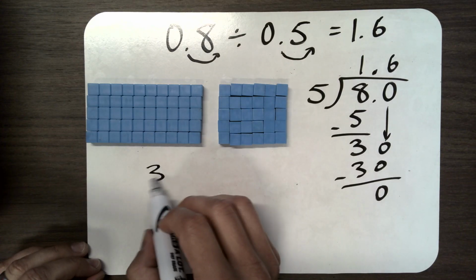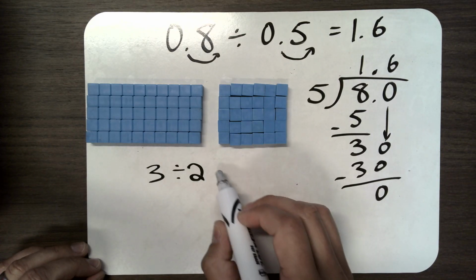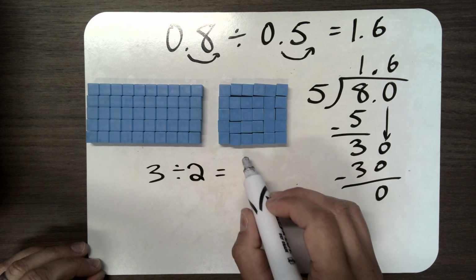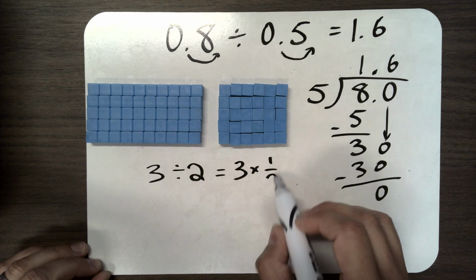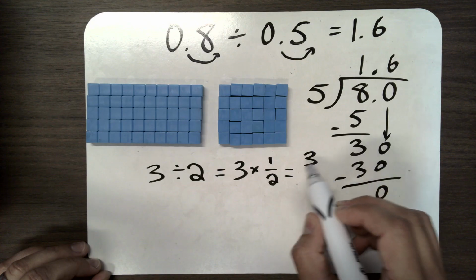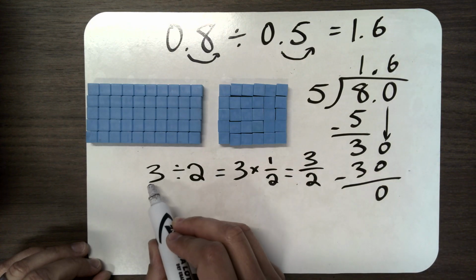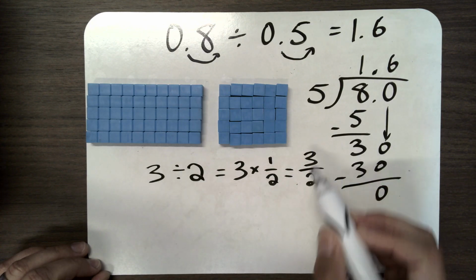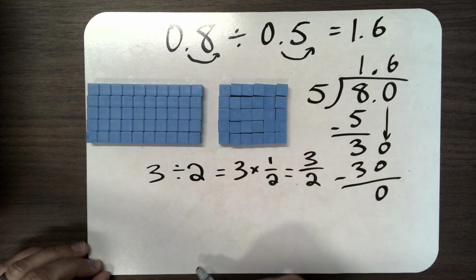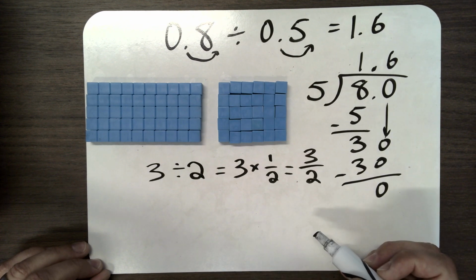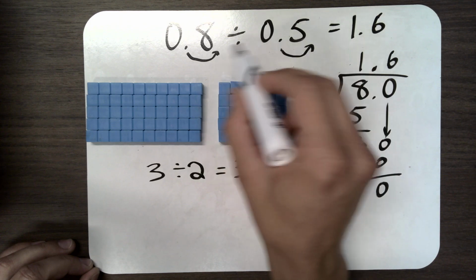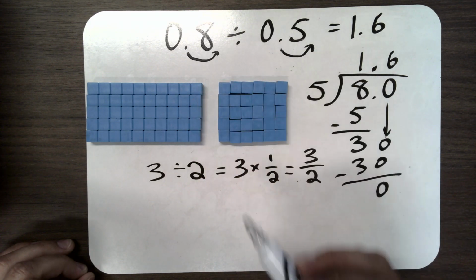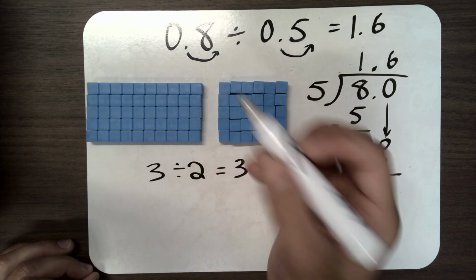If we had something like 3 divided by 2, we know that we could write this as 3 times a half, or 3 divided by 2. So that dividend we can put in the numerator, and that divisor we can put in the denominator. Okay. So we can do the same with this expression, the 8/10 divided by 5/10, even though they're decimals.